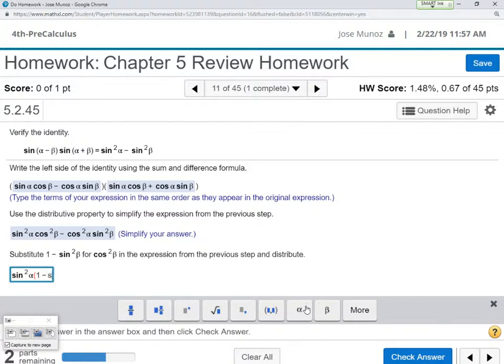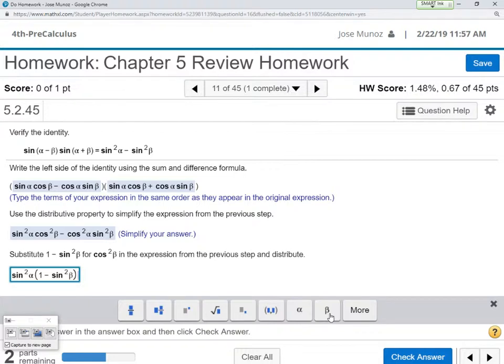Where are we at? Sine to the second beta, and then close parenthesis. Wait, it says previous step and distribute. Right. Oh, and distribute? Snap. If we distribute that, that would give us sine square, and then it would be sine square beta, sine square alpha.